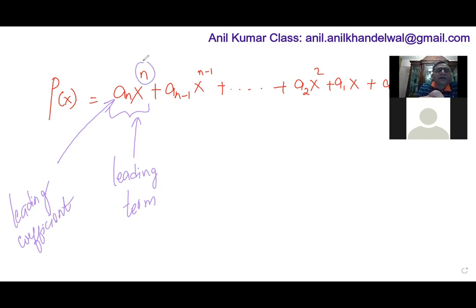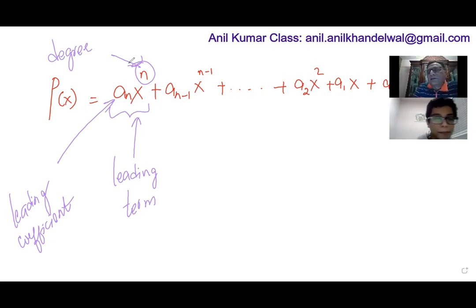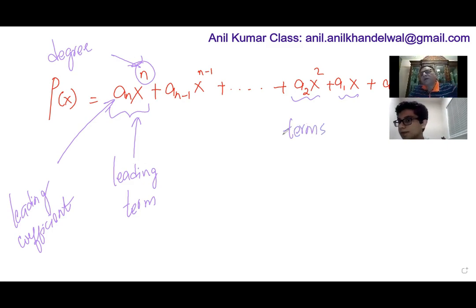And n is the degree of the polynomial. So n is the degree of polynomial. These are all the terms, these are different terms, right? So normally, in a degree n, you have n plus 1 terms, maximum.